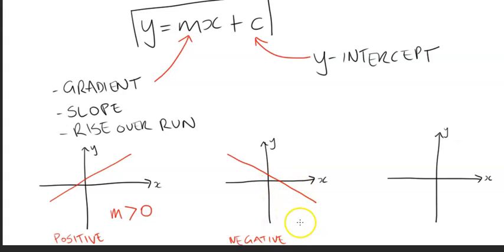And here our m value has to be less than 0. Again, can't equal 0, it has to be less than 0. So when we replace this m with a value that's less than 0 and we sketch it, our line will go down from left to right. So in other words, m is a negative number.